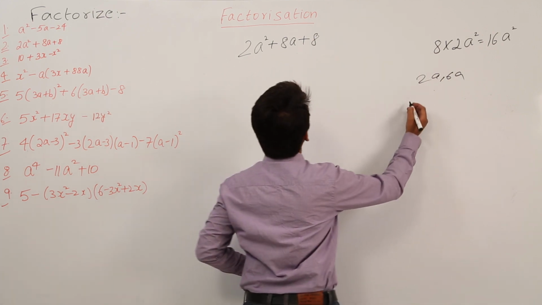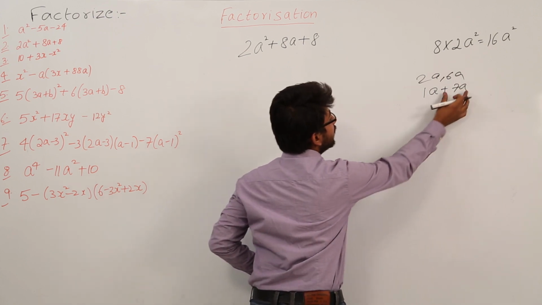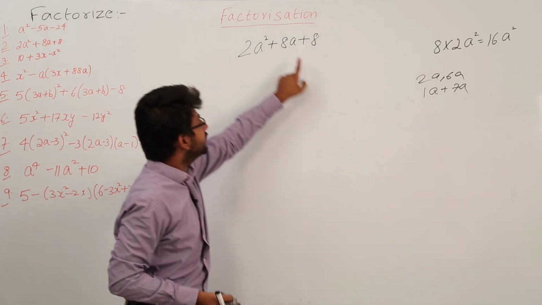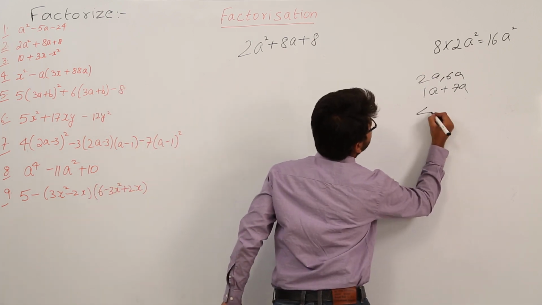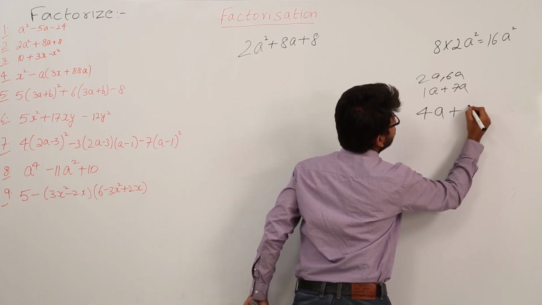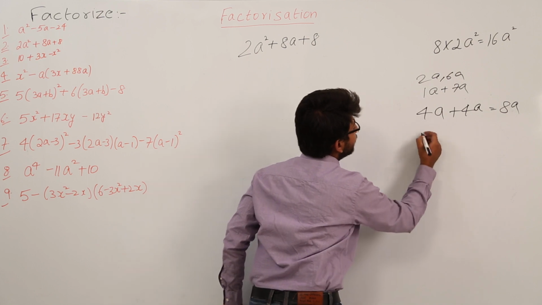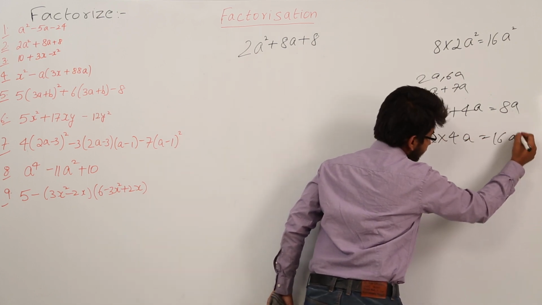Then we have a plus 7a. Again, when multiplied they will give us 7a square, but when joined back, yes, they give us 8a. Now we have two components, 4a plus 4a. They are equal to 8a, and when multiplied, 4a into 4a, they give us 16a square.